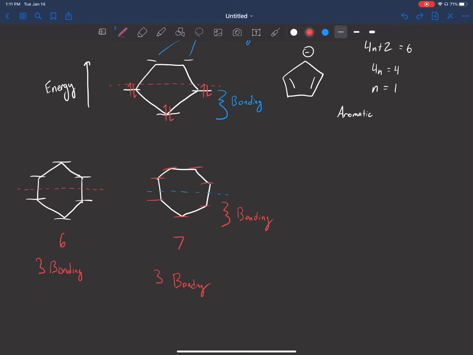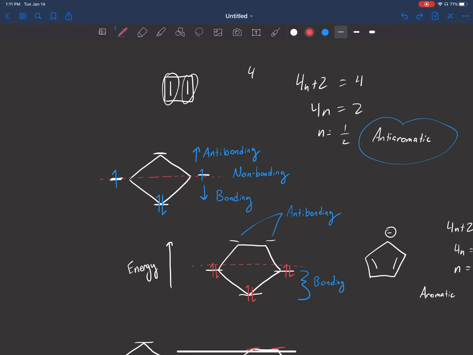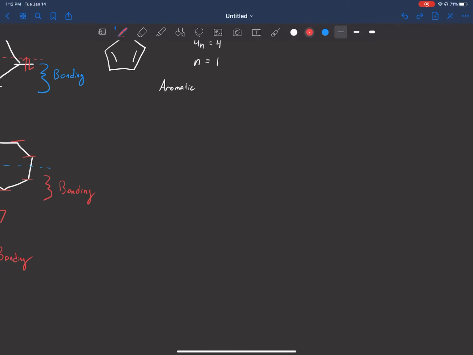Now, the only rings that will have non-bonding orbitals, where that dashed line runs straight through orbitals, are 4-membered rings and 8-membered rings. I'll try to draw the 8-membered ring. Let's see. One, two, three, four, five, six, 7, 8.